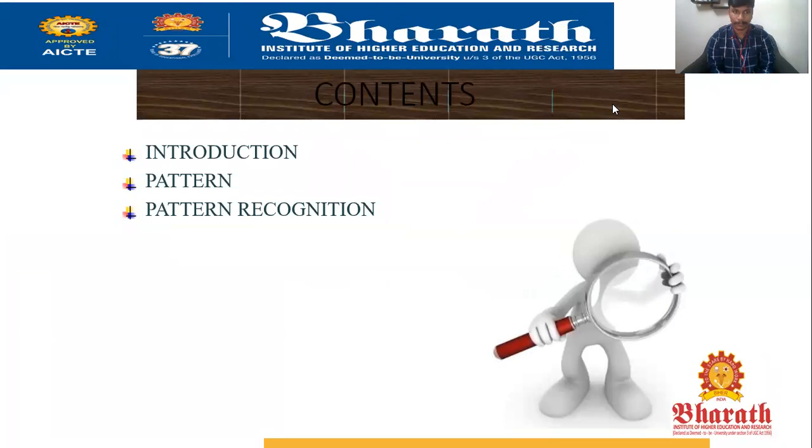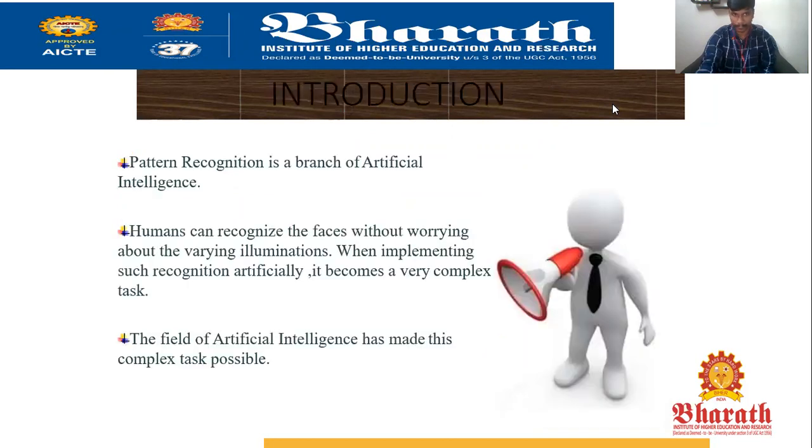In this video, we are going to see the introduction of pattern recognition and how patterns are constructed, composed, and used in pattern recognition. The system used for detection, recognition, and analysis will be seen in the topic called pattern recognition system.